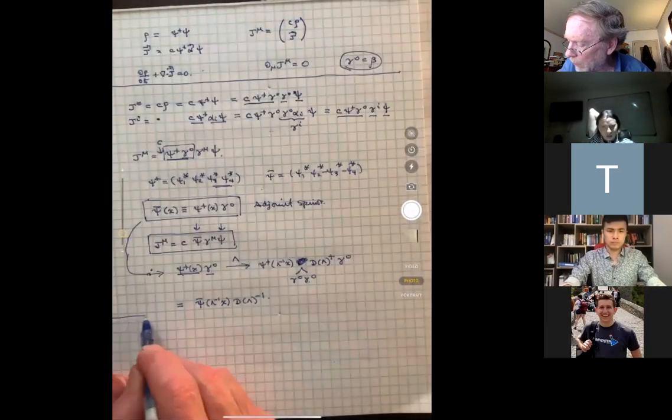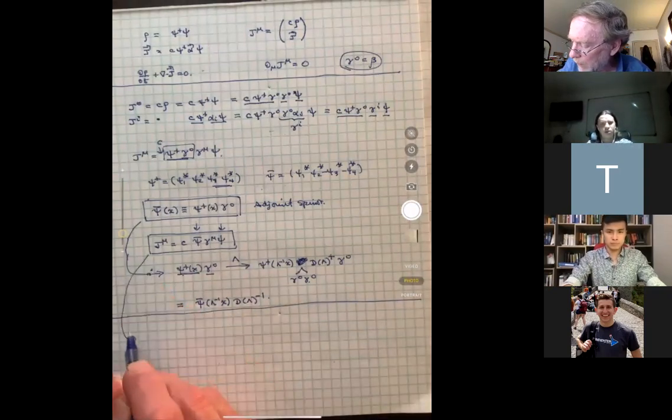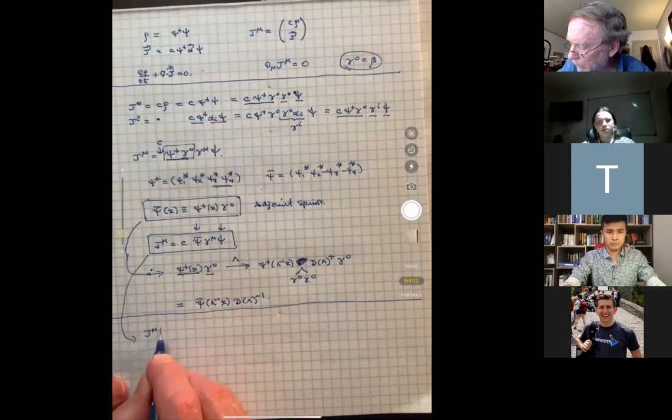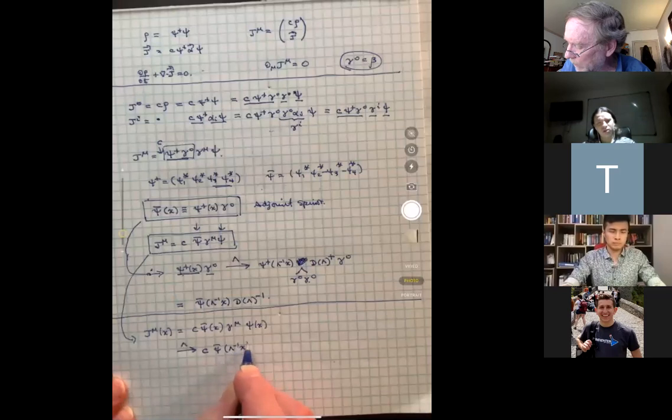All right. Now, having done that, we can now transform the current. So here's the current. Let's transform that. J mu of X is equal to C times psi bar of X times gamma mu times psi of X. Under the Lorentz transformation, that's going to go to C psi bar of lambda inverse X times d of lambda inverse.